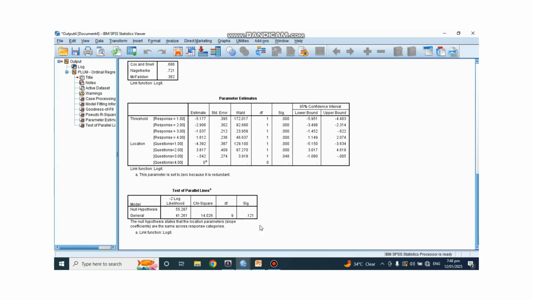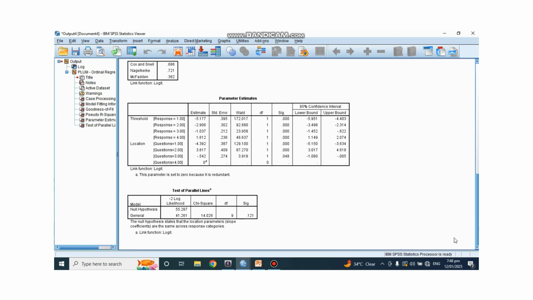Here we have a p-value of 0.121, which is greater than 0.05. Hence, we can conclude that the proportional odds assumption is met and the model is valid for interpretation.